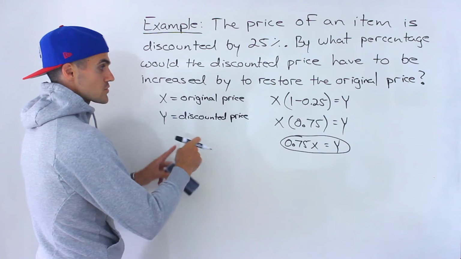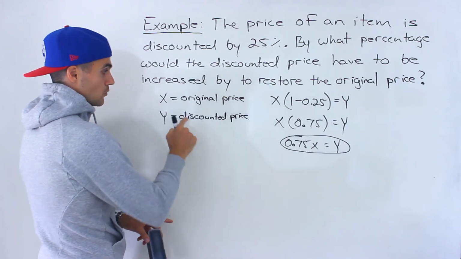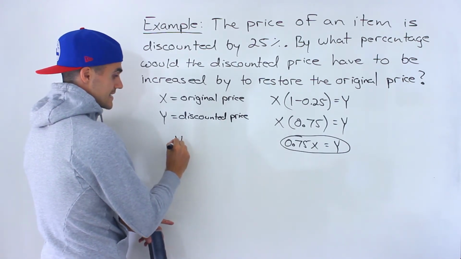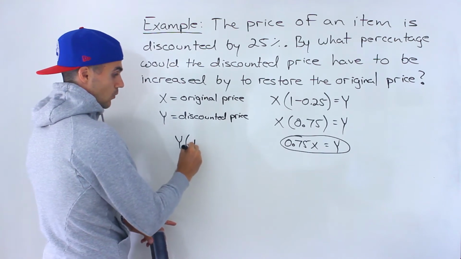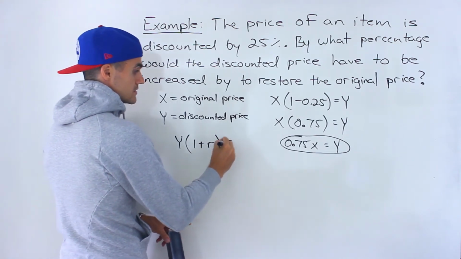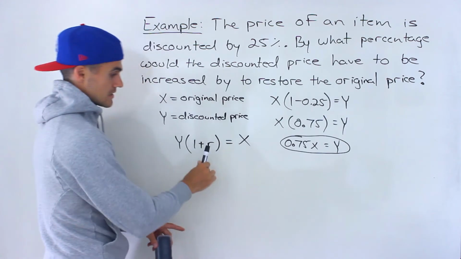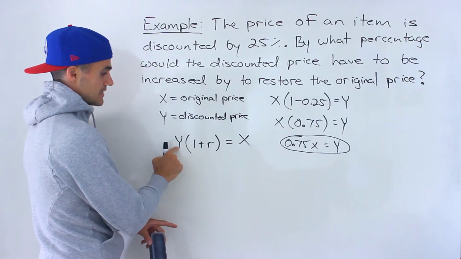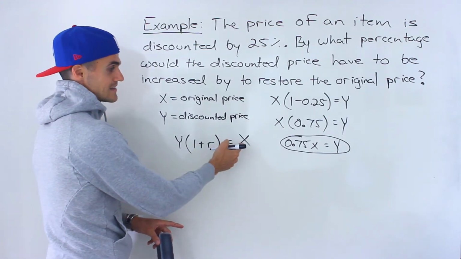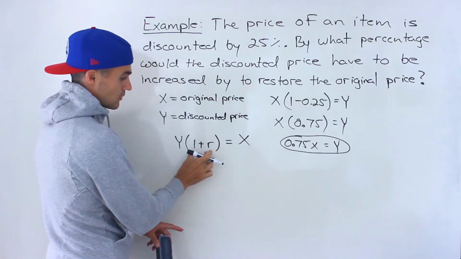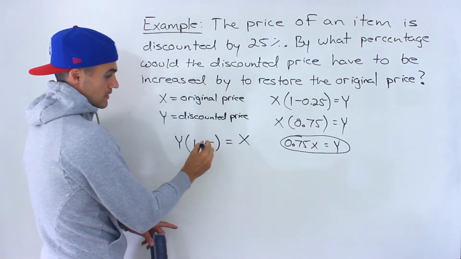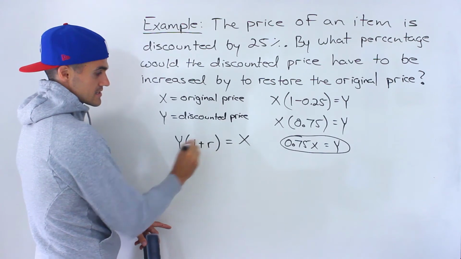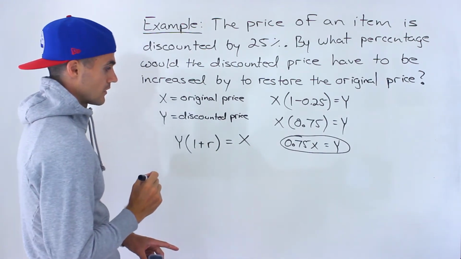What we're going to do now is go the other way, from the discounted price, times 1 plus r, to give us the original price. Because the discounted price is less than the original price, here we have to increase, right? And so what we're going to be solving for is this r over here.